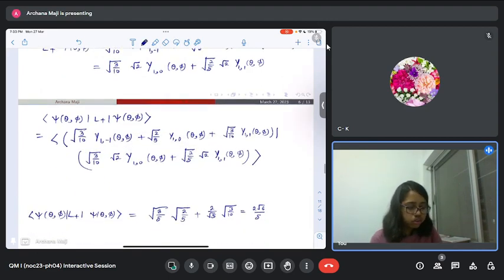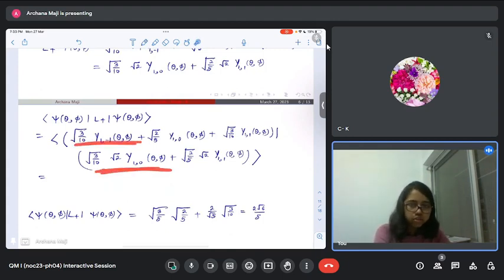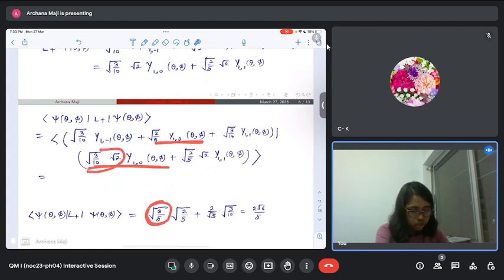Okay, so inner product of this term with this term, what will you get? 0, because spherical harmonics are orthonormalized. But inner product of this term with this term will also give you 0, because it's y1 1, it's y1 minus 1. Fine? Now inner product of this with this will give you square root 3 by 5, this coefficient, times square root 2 by 5.